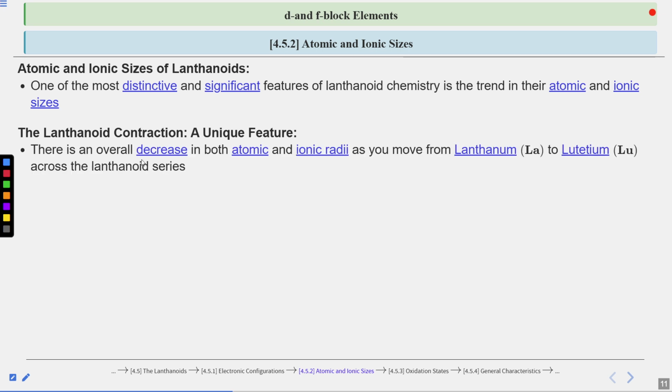So there is an overall decrease in both atomic and ionic radii as you move from lanthanum, that is La, to lutetium, that is Lu, across the lanthanoid series.